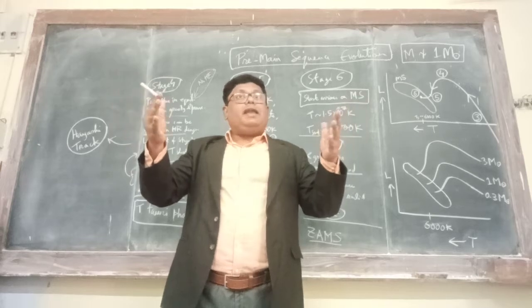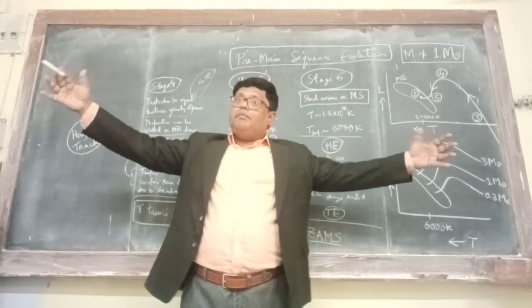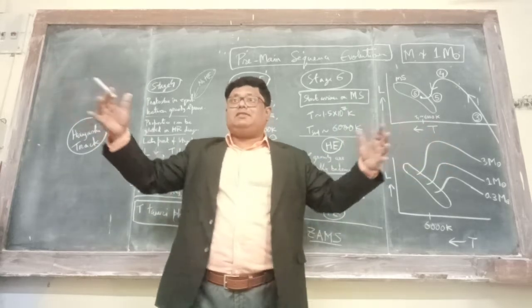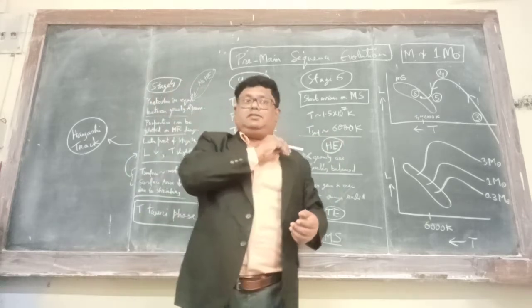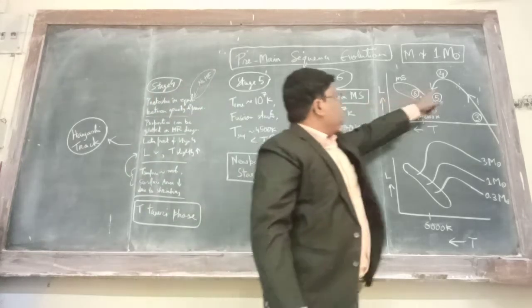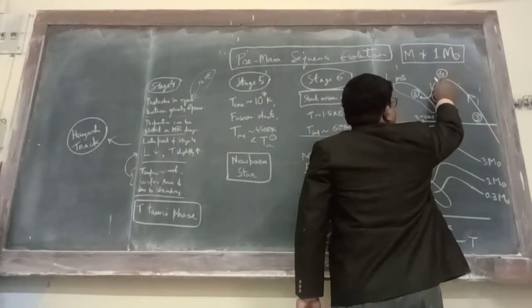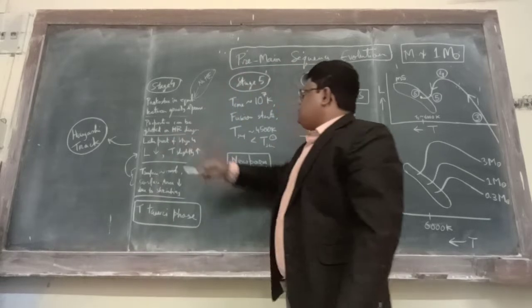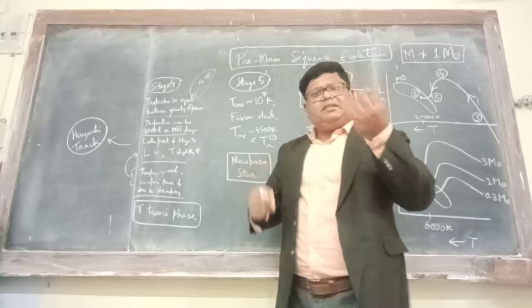As a result, even if the temperature becomes higher, because of more decrease in surface temperature, the overall luminosity will decrease. So first it increases and now it is decreasing. This is the latter part of stage 4, where luminosity decreases and the temperature slightly increases.